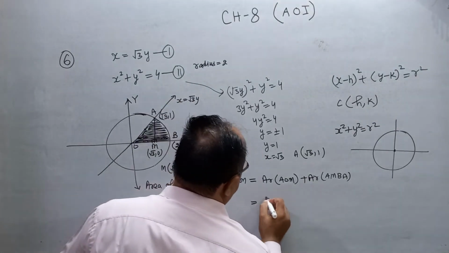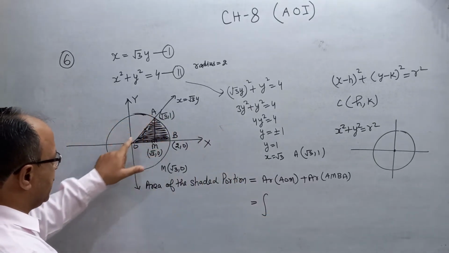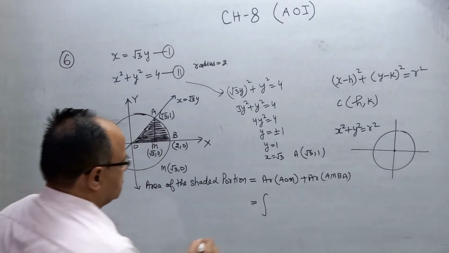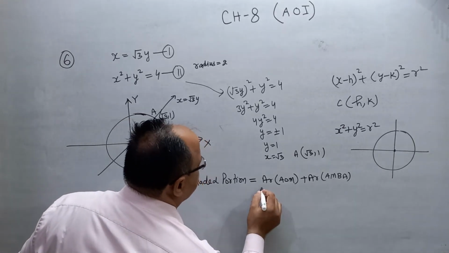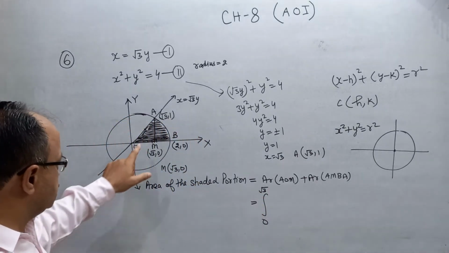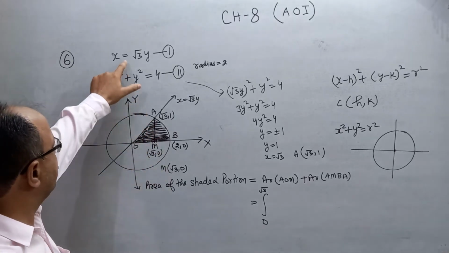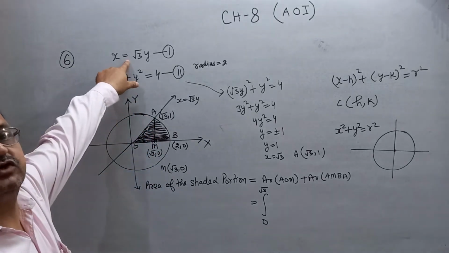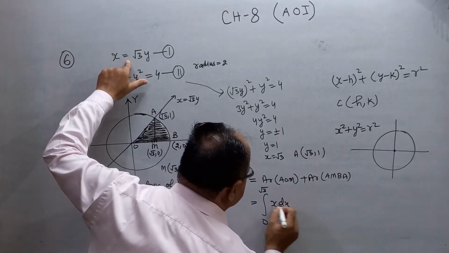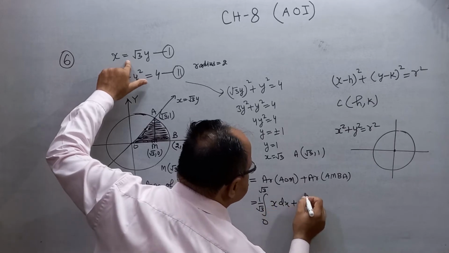You know that the integration limit of the shaded portion AOM is from 0 to root 3, left to right, and the shaded portion touches the line, and from the line what is the value of y? Put the value of y, that is x by root 3, integral of x dx.